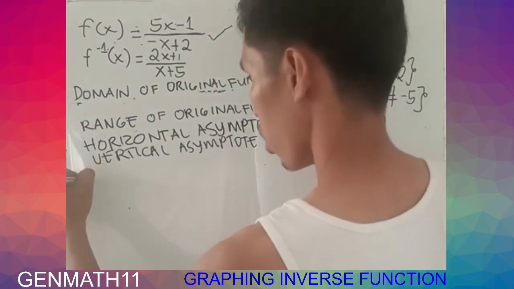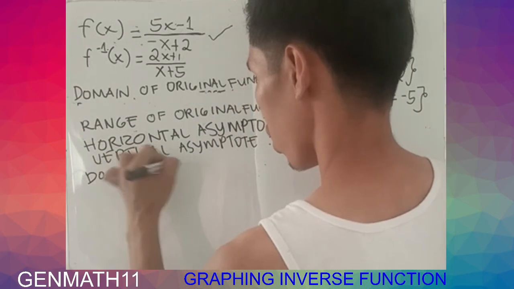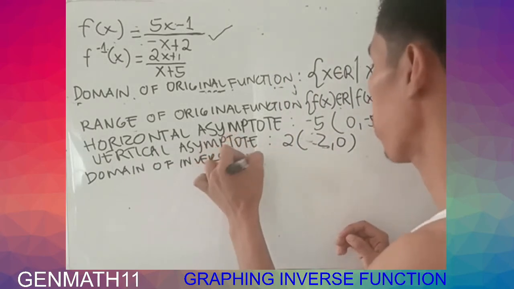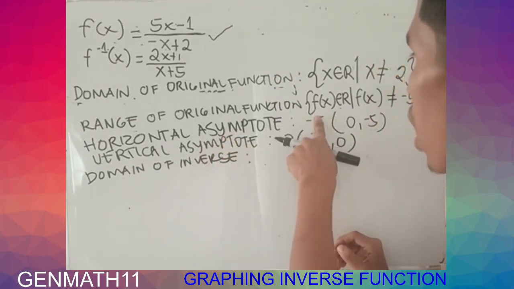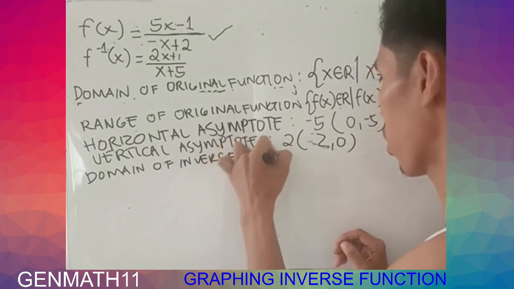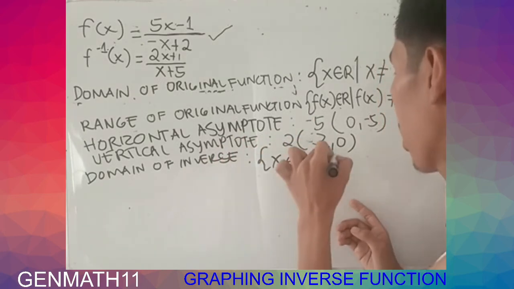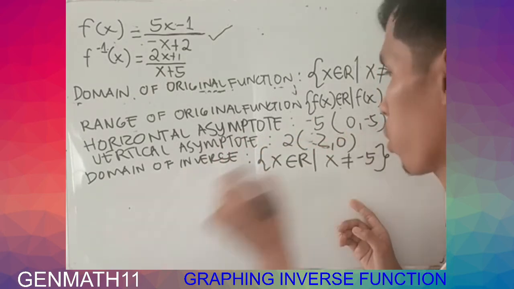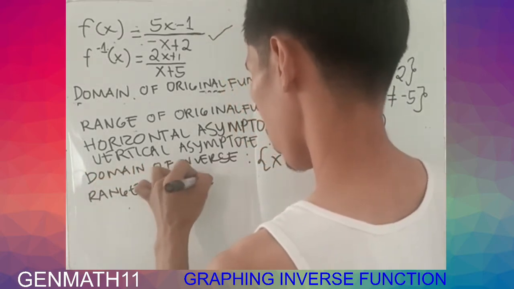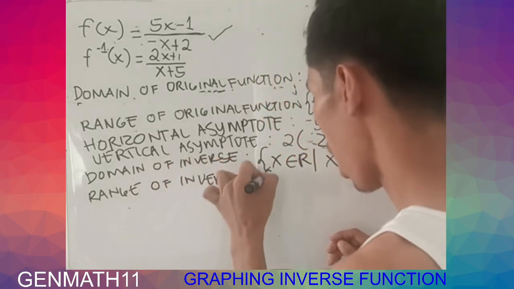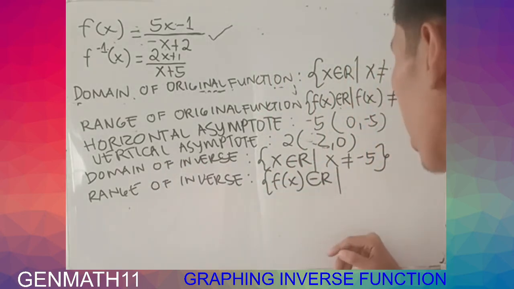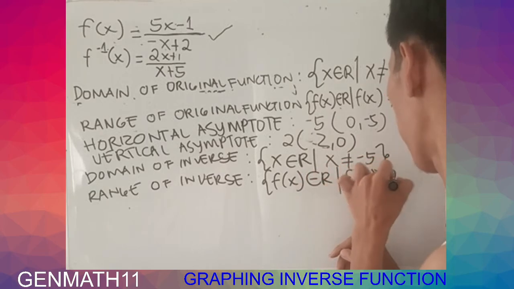While for the inverse, the domain of the inverse will be this. The range of our original function will be the domain of the inverse. So, x is a set of real numbers such that x is not equal to negative 5, while the range of the inverse will be f of x is a set of real numbers such that f of x is not equal to 2.